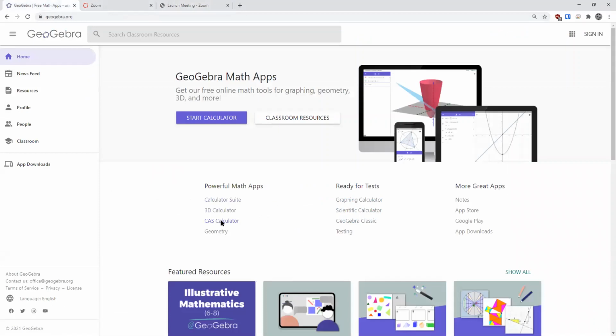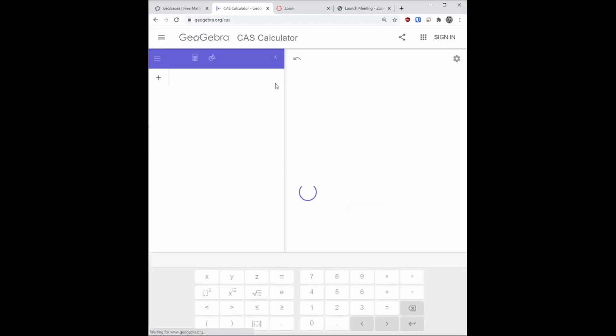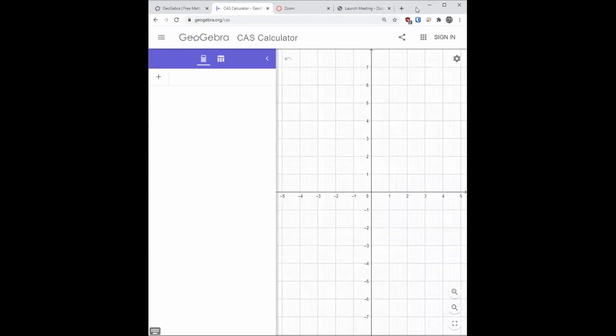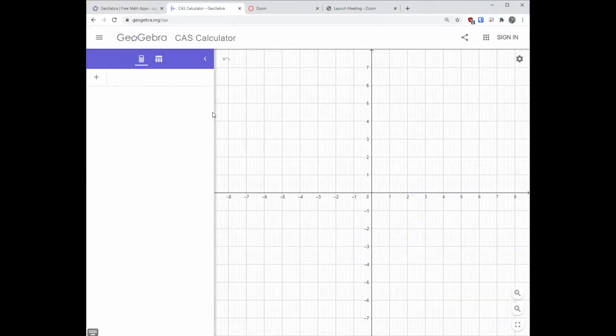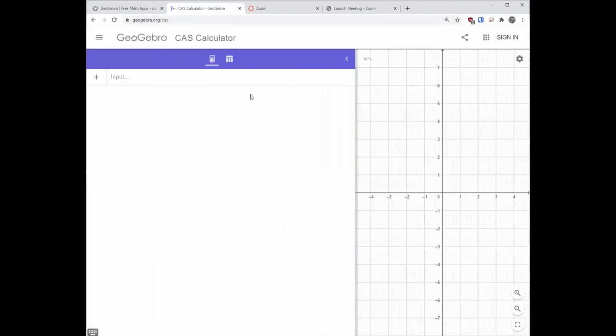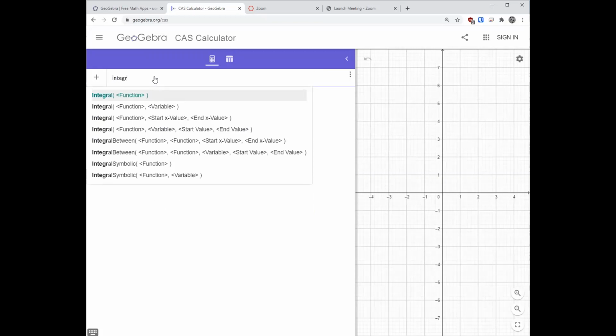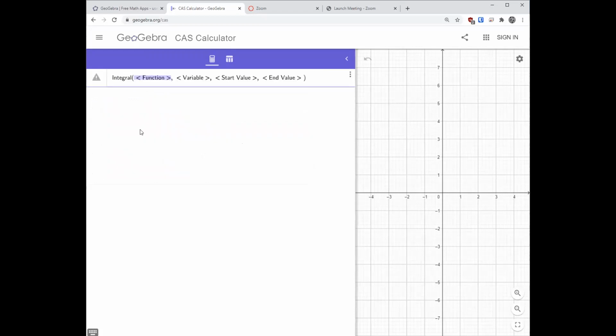So I'm going to go to the CAS calculator again. Give myself a lot of room here. And integral. I'm going to choose this option here: function, and then variable, start value, end value.